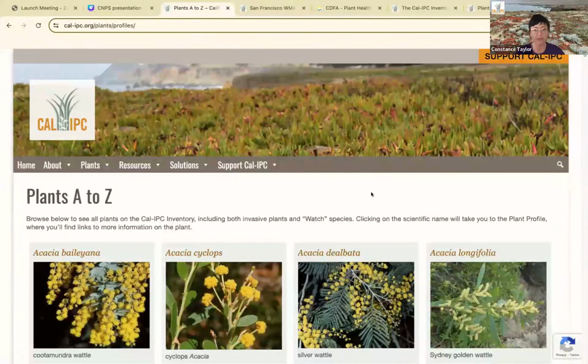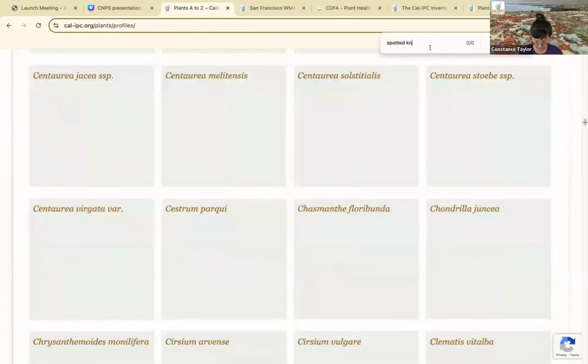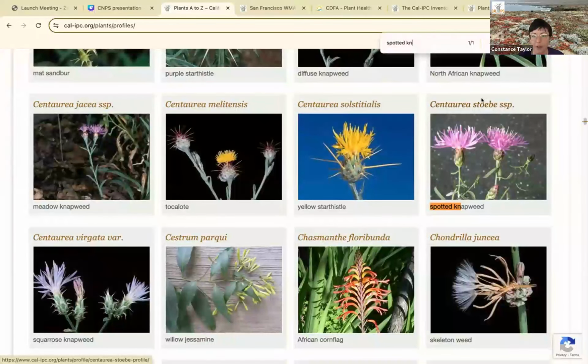So if you are looking for a plant, say spotted knapweed, which Jutta's going to talk about in just a moment, you can look up spotted knapweed. There we go. So, spotted knapweed on our inventory.